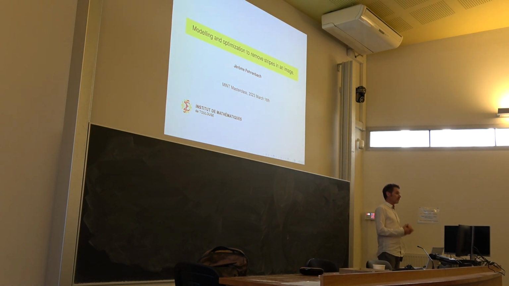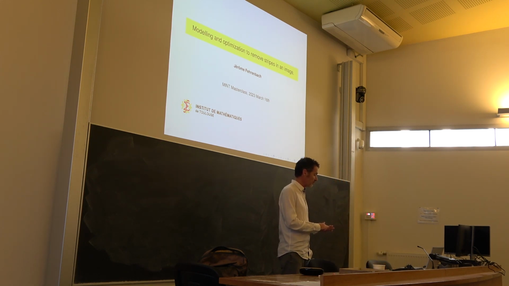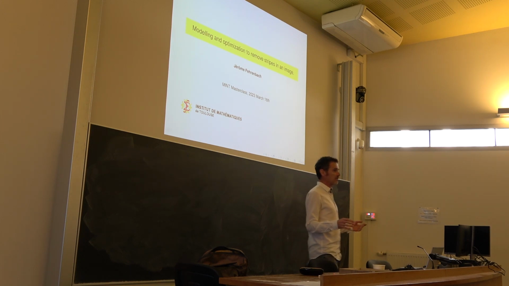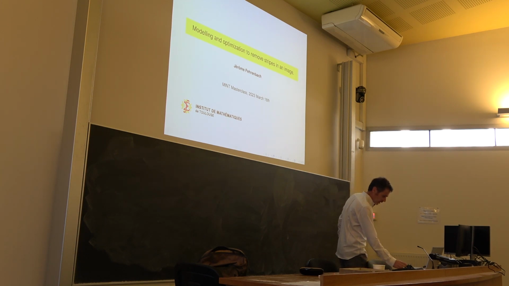So I will talk about image processing, and if you want to have good results, you need to have a good model. So in the work that I will present, this is basically what we did. We propose a model that is adequate to remove stripes in an image.